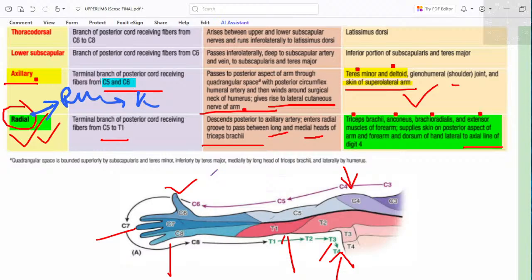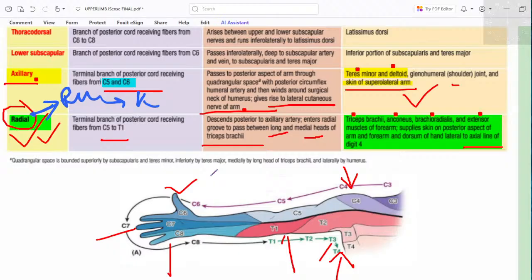I feel the radial is a very gentle and very humble person, and he is a male. It always remains in the back, but he is like a king, like a royal person. See what he does: he gives supply to the big muscle and provides a very important function.